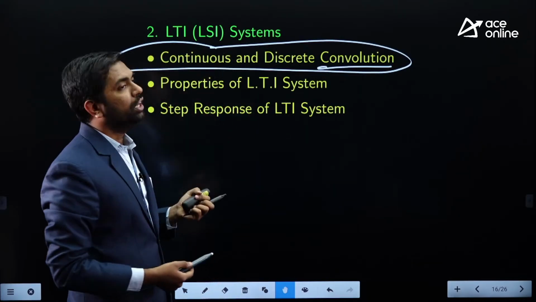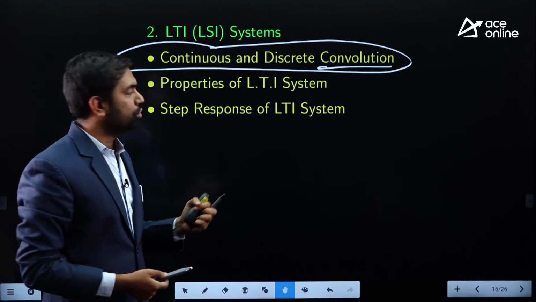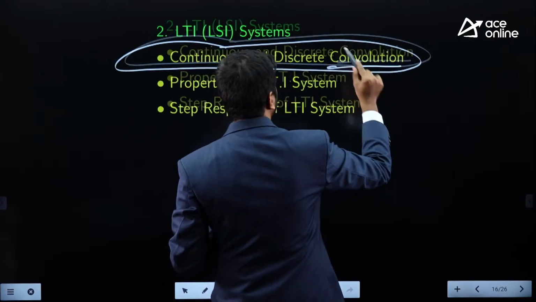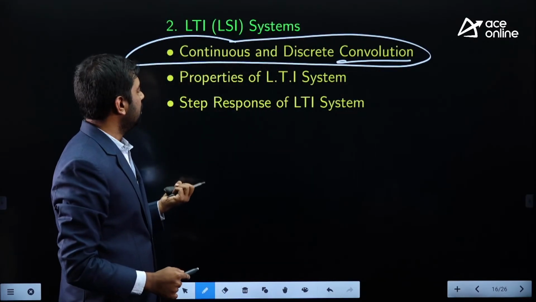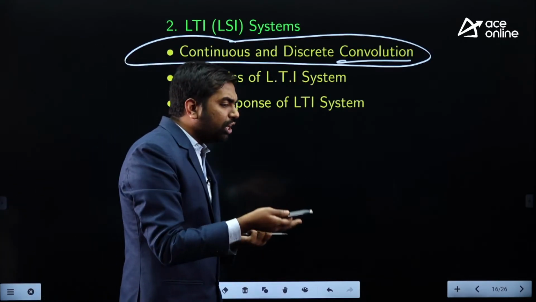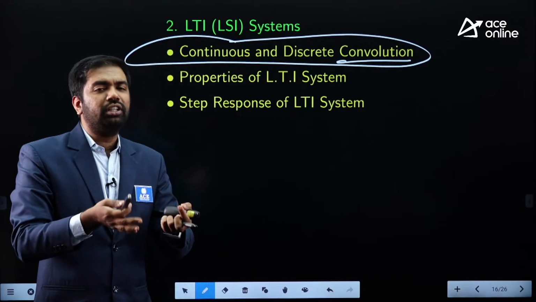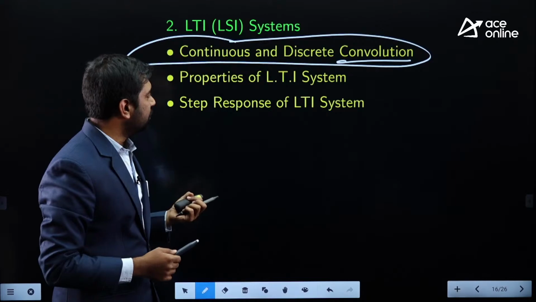Just by looking at the impulse response, you can comment about these things. This is what we cover in the properties of LTI systems. The next one is the step response of an LTI system. That means if I give you the impulse response, how do you find the step response and vice versa? This is what we discuss here.